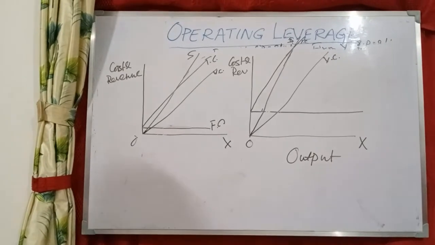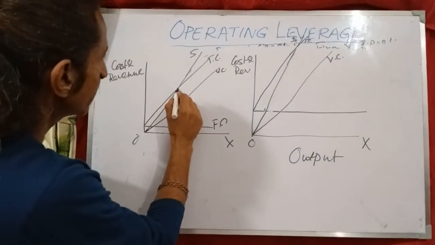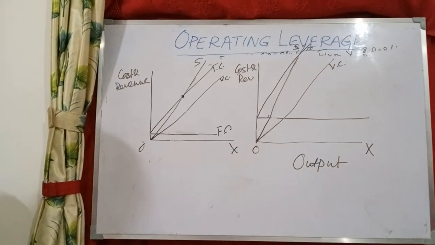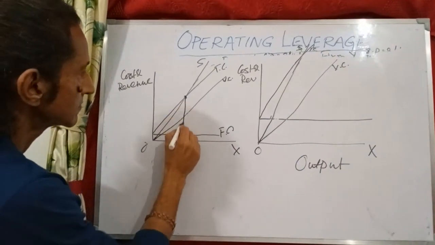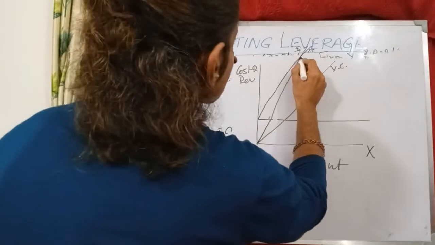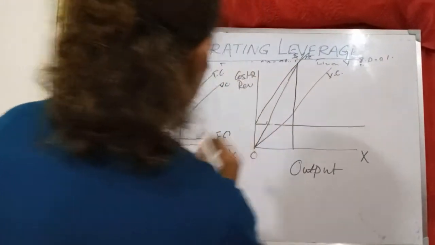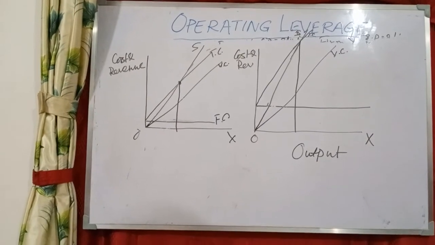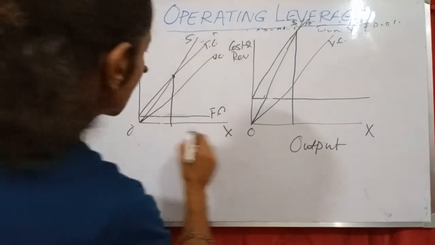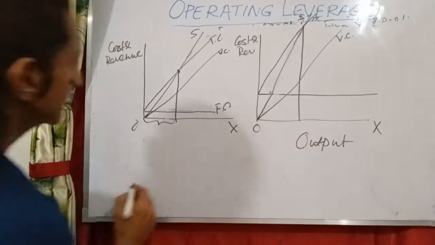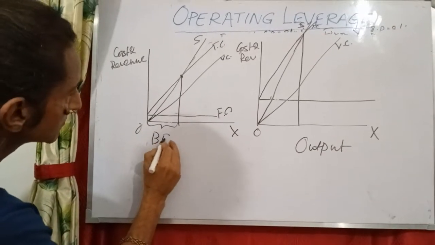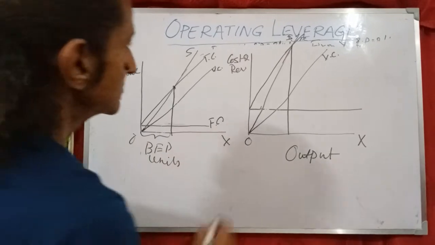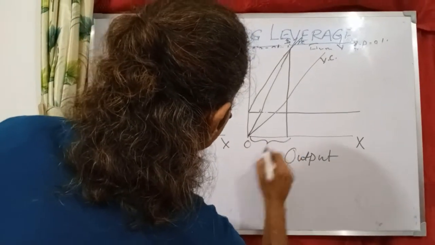Correct? Now you see, this is the break-even point where the total cost line and sales line intersect. Okay. You see, this is BEP units, and here this is BEP units.